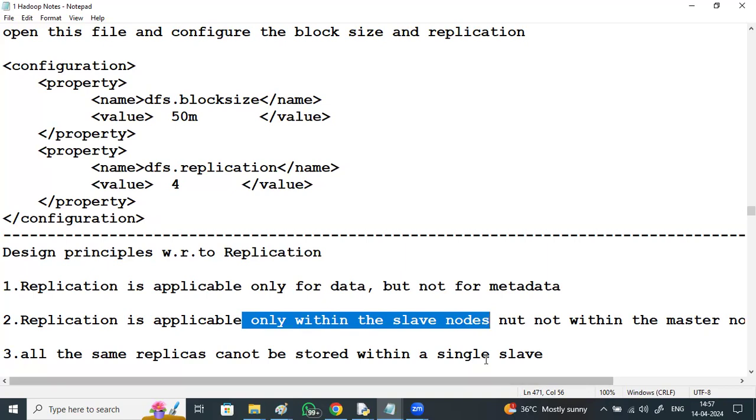In a single slave. What is this third point? Have you understood this third one? All the same replicas cannot be stored within the single slave. For example, you are maintaining replications, but this is incorrect.